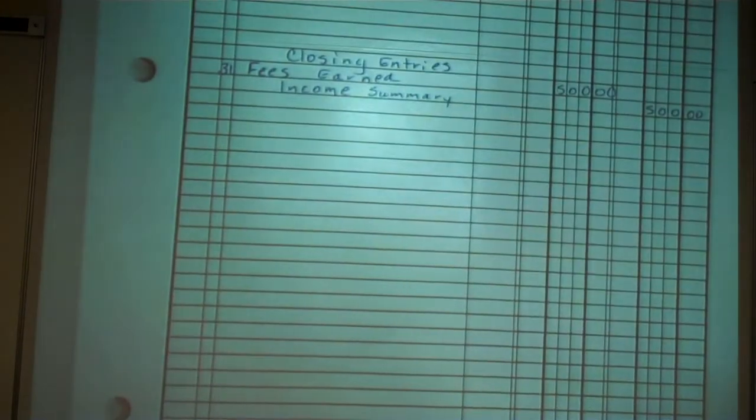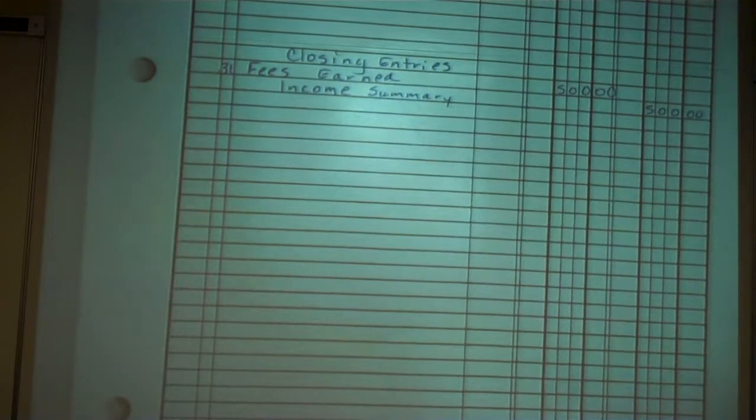Write your heading closing entries, and I don't have the adjusting entries on there, but I came down several lines. Just skip a line, put your heading. We don't need to write the month again, just the 31st. It's a continuation. Should still be on page 2. Fees earned, and then a credit to income summary.